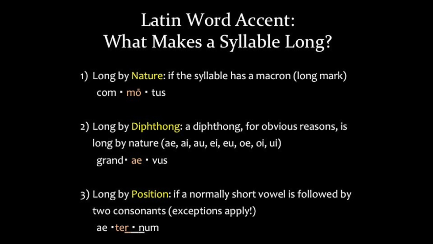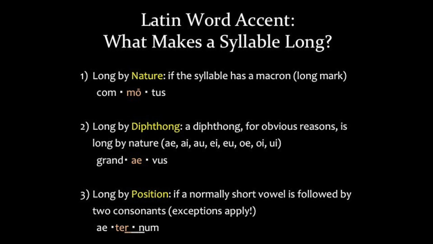So for the example that's shown here, we have the word aeternum. Now look at the E in the penultima, ter. Normally that E is short. There's no long mark. It's not a diphthong. But if you look closely, it's followed by two consonants, an R and an N.